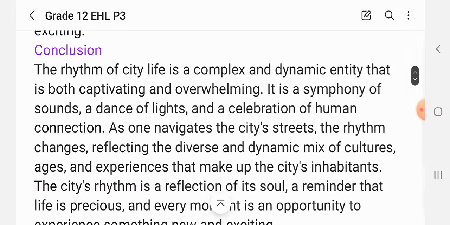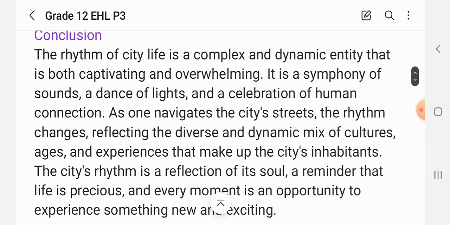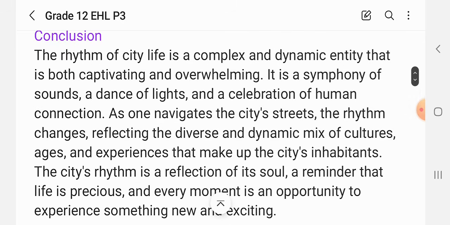So, you have talked about the city in detail, how it makes you feel as well. Every aspect, the city life, how is it in the day? What can you expect from the city? How will the city make you feel? Okay, that's what you have highlighted. And now, in your conclusion, in your essay, guys, it's your takeaway.